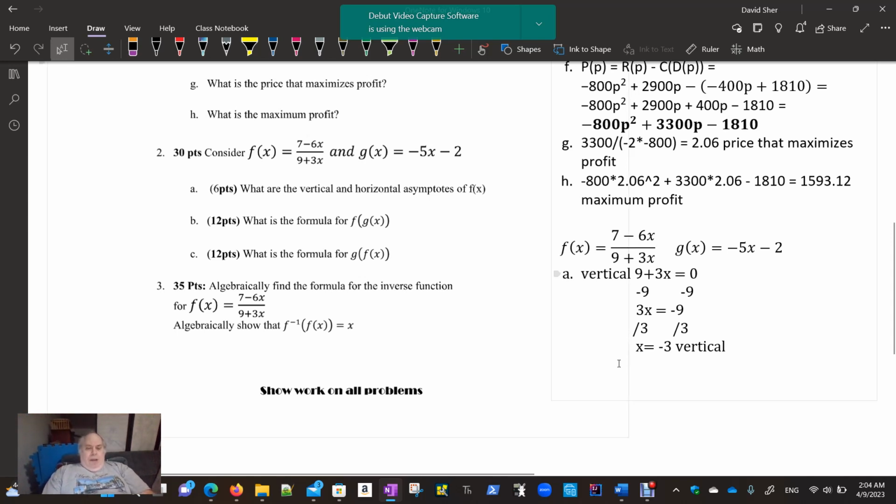Now the horizontal asymptote: this is a minus 6x, this is a plus 3x. We're going to have minus 6x, remember to keep that minus sign, so let me put that in parentheses, minus 6x divided by 3x. Remember, there's a minus sign that's preserved here. The x's cancel, and we get minus 2.